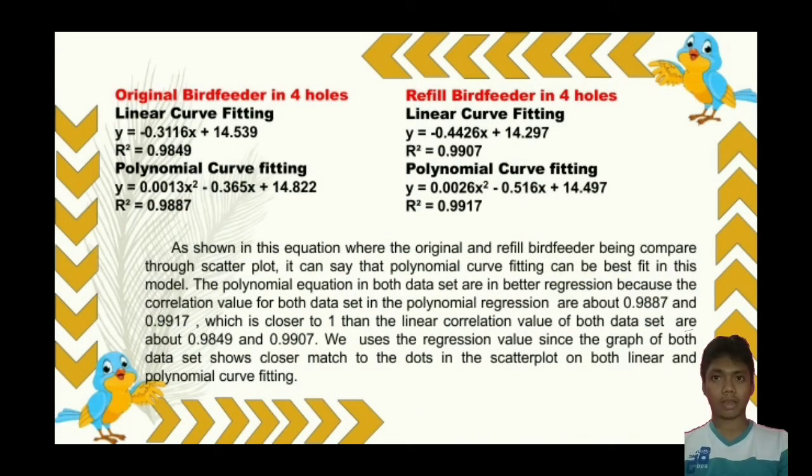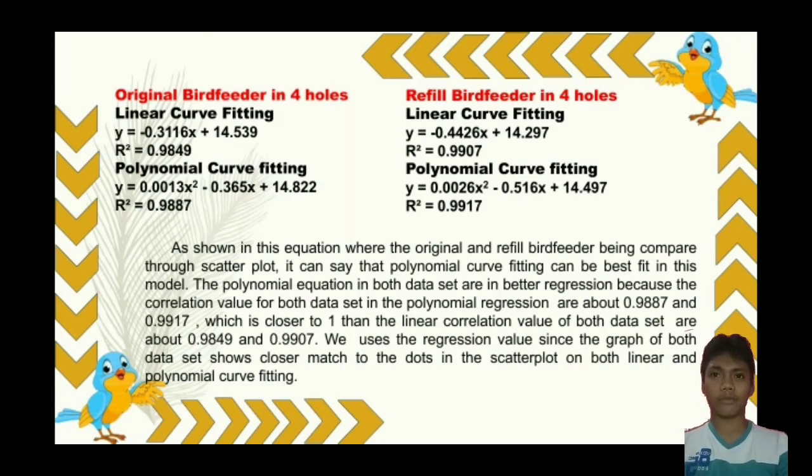In this data, it shows the original Birdfeeder in 4 holes and the refilled Birdfeeder in 4 holes. In original Birdfeeder in 4 holes, the linear curve fitting is y equals negative 0.3116x plus 14.539. So the regression is equal to 0.29849.